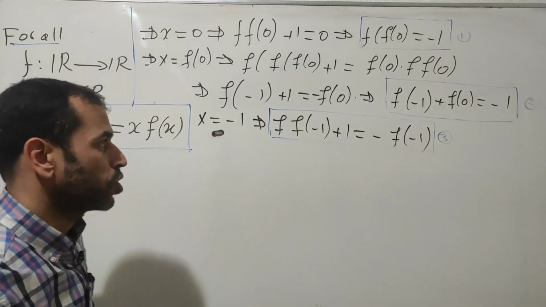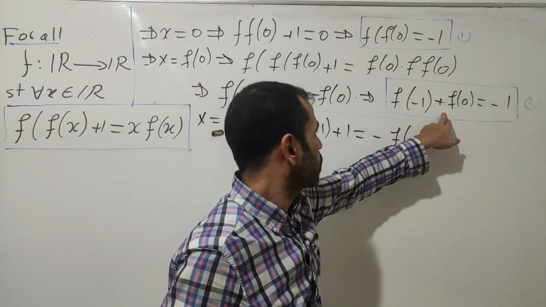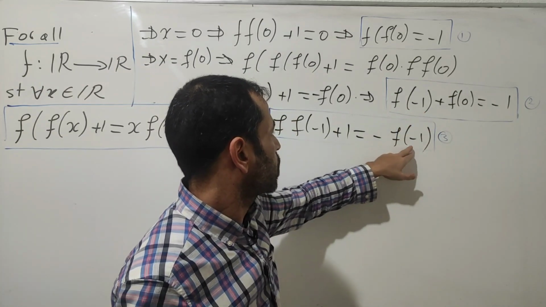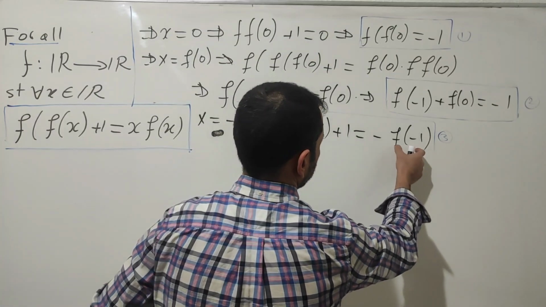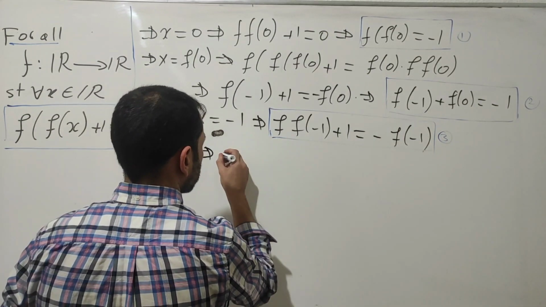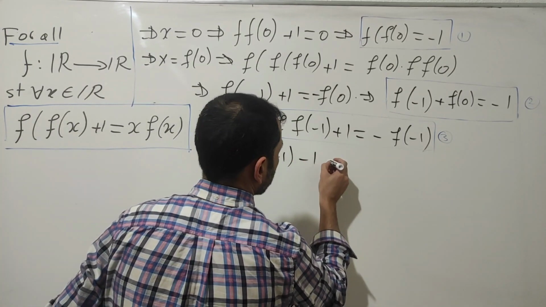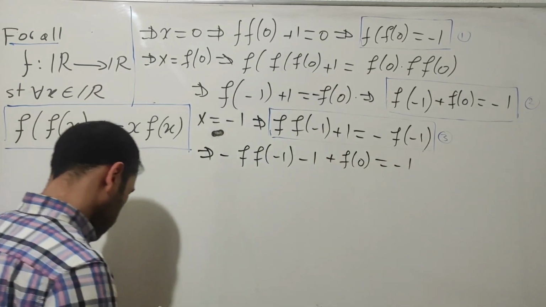Now let's build equation number 4. If you take a look up here, we get f of minus 1, so I'm just replacing this term into this one. I will have minus f of minus 1 minus 1 plus f of 0 equals minus 1.